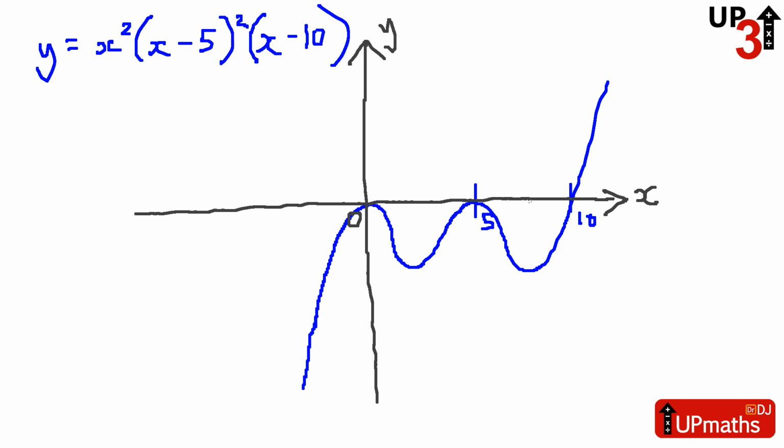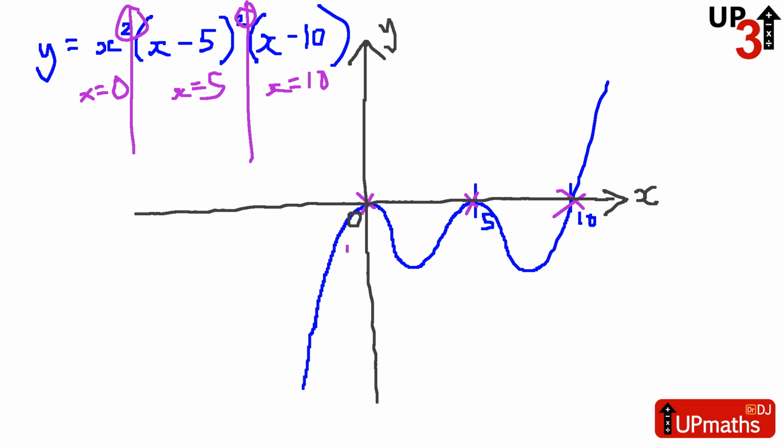Maybe pause the video if you want to try and prove this one, or let's just look at it anyway. You've got x equals 10, x equals 5, and x equals 0 as the 3 key numbers. However, 2 of them are squared, and whenever it's a squared, it touches and bounces off. So it touches and bounces off here, touches and bounces off here, but it crosses here because it's not squared, it's just a single power.